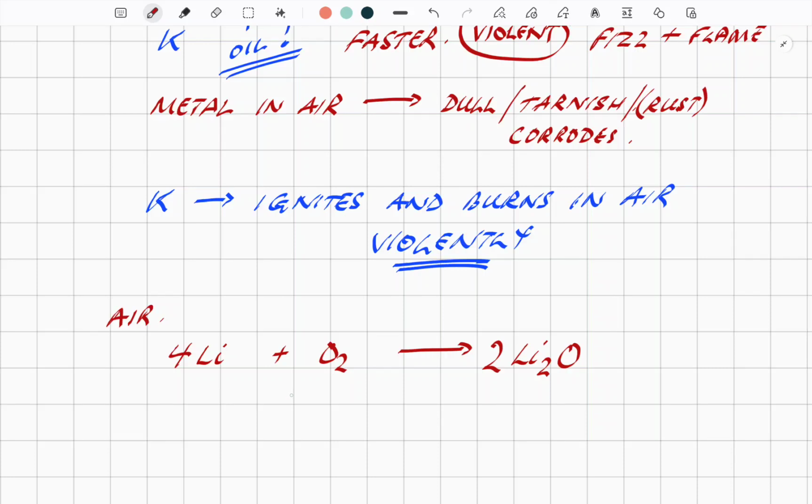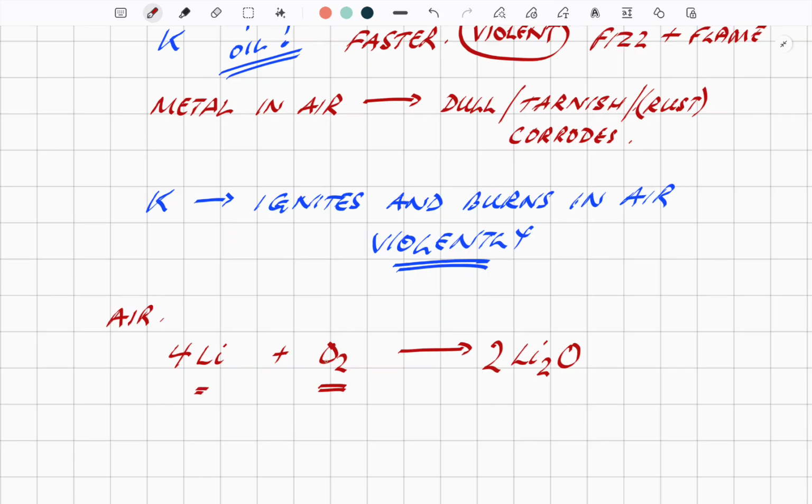Yeah, but explain, I don't understand. Which bit? Why there's 4 in front of the Li. Because for each oxygen, remember oxygen is diatomic, so it comes in a molecule of 2 oxygens. Each of the oxygen atoms needs 2 lithiums because lithium is in group 1.